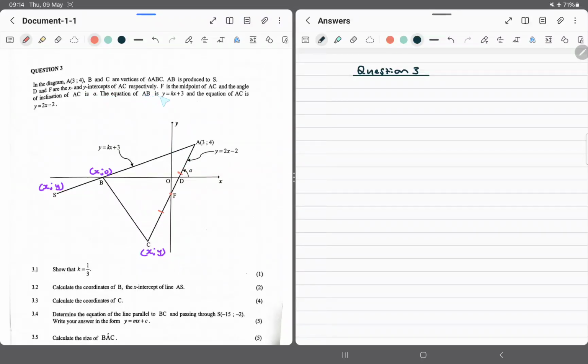The equation of AB is y = kx + 3. So we're just given the y-intercept there, that it's exactly 3. We don't know the gradient. And the equation of AC is y = -2x - 2. So that already gives us the y-intercept coordinates, meaning the coordinates of F.